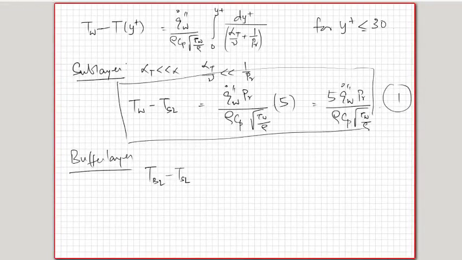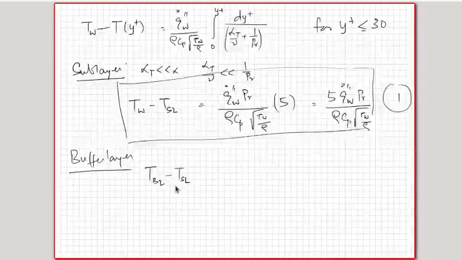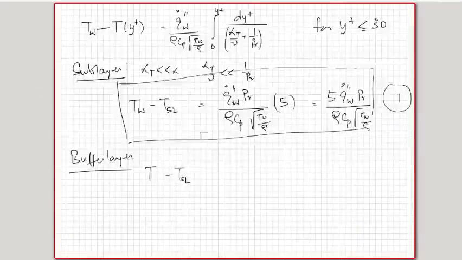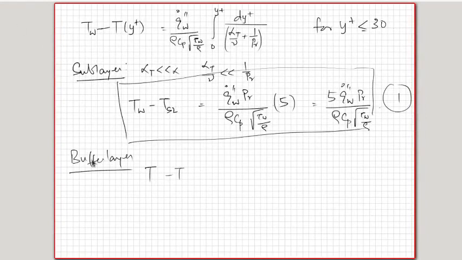No, sorry, T SL minus T BL. Because the T wall is a fixed quantity, instead of 0 to y plus, if I go from 5 to 30, so at 5 it is T SL, and so it's T BL minus T SL.